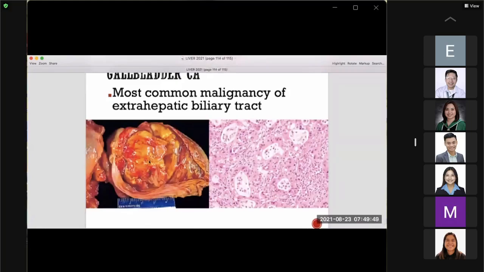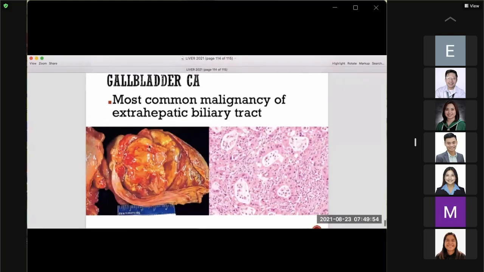I have seen few cases of incidental findings of gallbladder carcinoma, with small areas of involvement. Okay, so they were operated on primarily because of chronic cholecystitis as well as the presence of gallstone. But on sectioning of the gallbladder, it reveals areas of malignancies, and we get to see something like this.